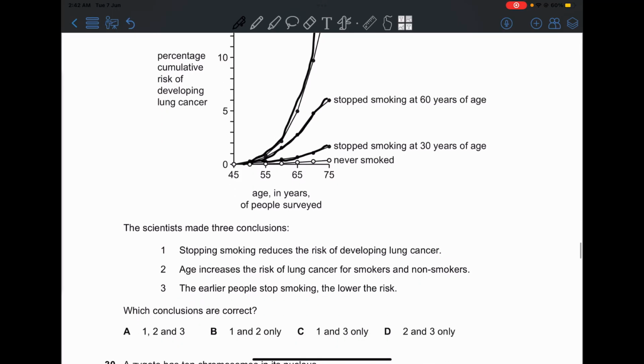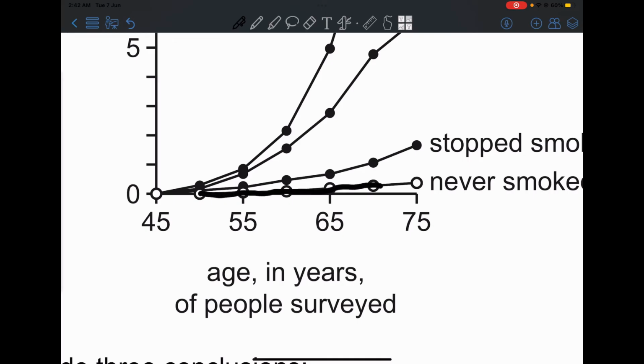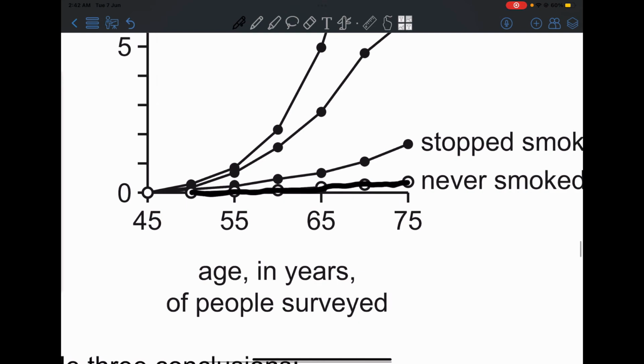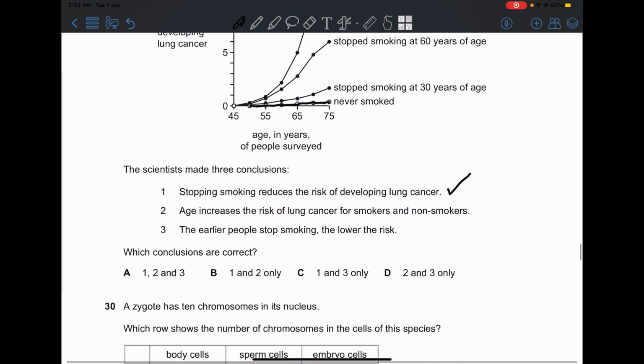So that is actually correct. Age increases the risk of lung cancer for smokers and non-smokers. Well, yes, we can see over here that for the people who never smoked, the lung cancer risk is actually increasing by age. As we can see over here, it is increasing even though they never smoked. So that is also correct.